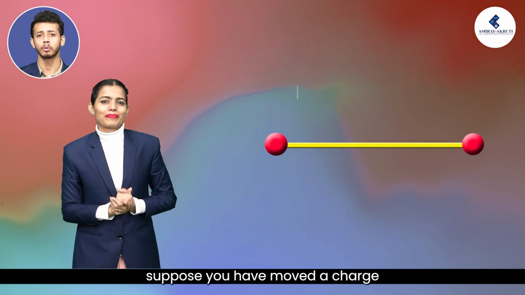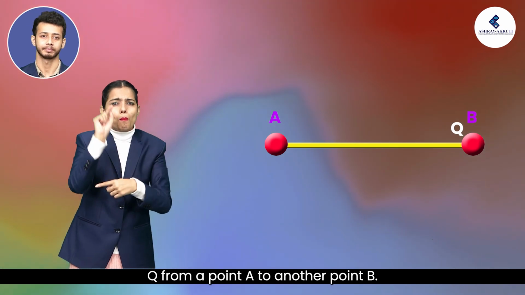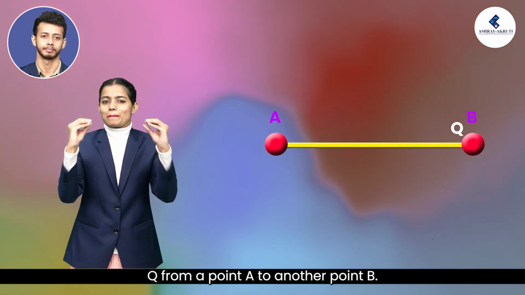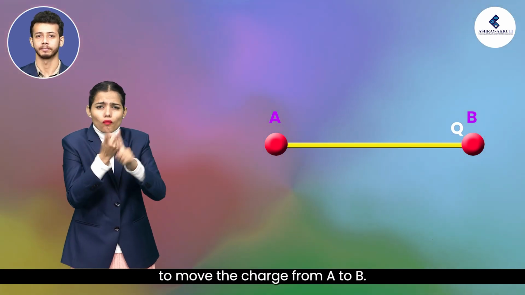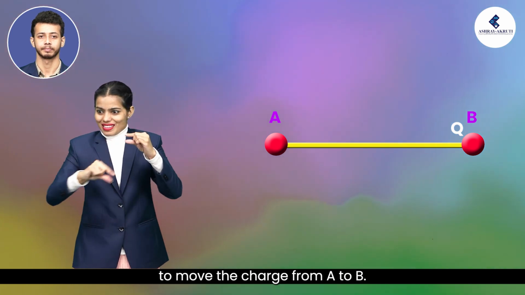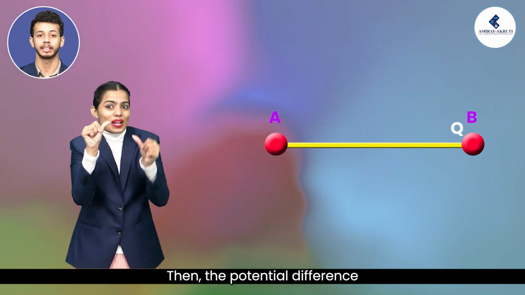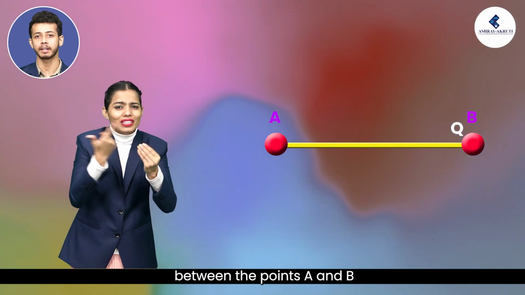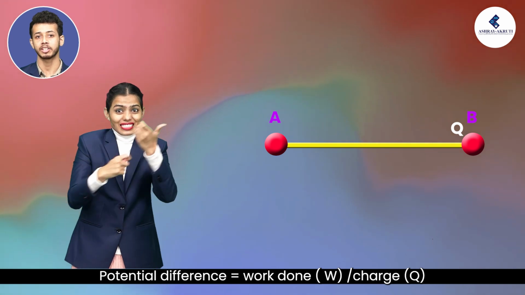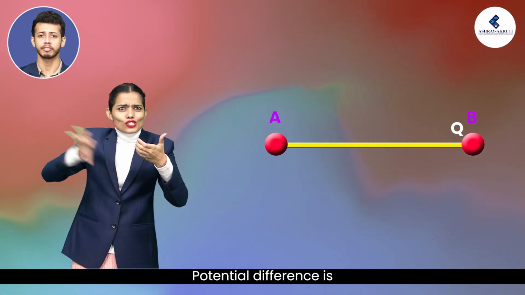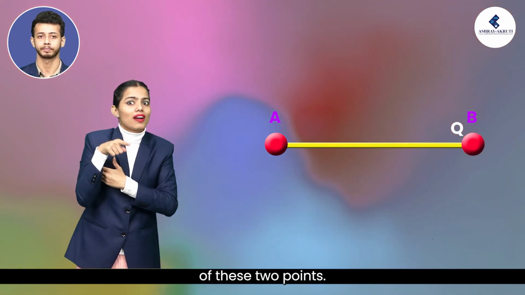For example, suppose you have moved a charge Q from a point A to another point B. Let W be the work done to move the charge from A to B. Then the potential difference between the points A and B is given by potential difference equals work done divided by charge.